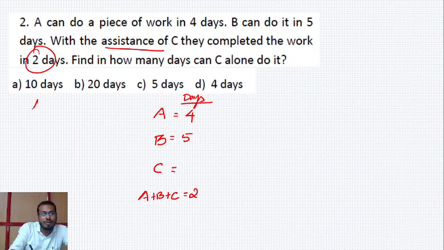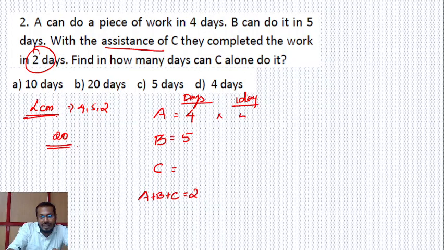As usual, I want to find the job. What is the job allocated to them? So let's find the LCM for 4, 5 and 2. So LCM will be 20. Right? Totally there are 20 chocolates. A can complete 20 chocolates in 4 days. So in 1 day, A can complete 5, since 4 times 5 is 20. B, 5 times 4 is 20, so 4 a day. And A plus B plus C is 2 times 10.